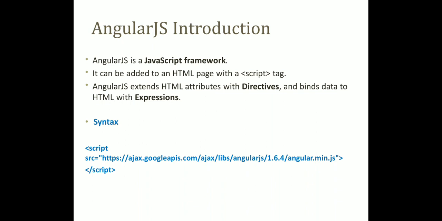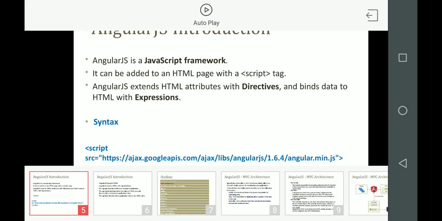We are basically starting with the simple script tag, with script and src, that is providing the AngularJS directives and expressions that are contained under this source or this link, that is https ajax.googleapis.com, ajax libs, angularjs 1.6.4 and angular.min.js. So this is the simple source you have to add while you are using AngularJS programs.